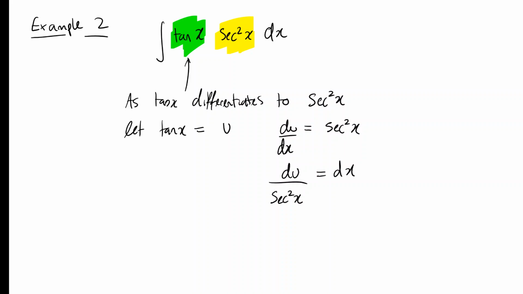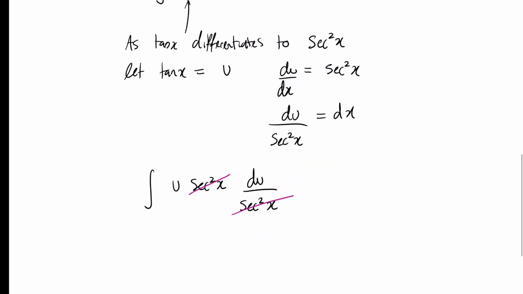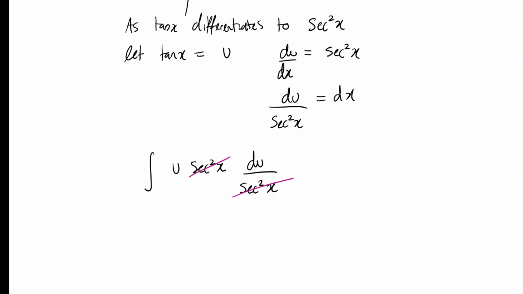Now we can rewrite this integral. Tan x is just written as u, sec squared x, we haven't done anything to it yet, and dx is du over sec squared x. Sec squared x and sec squared x are found top and bottom, so they cancel each other out, and we're left now with a very simple integral.